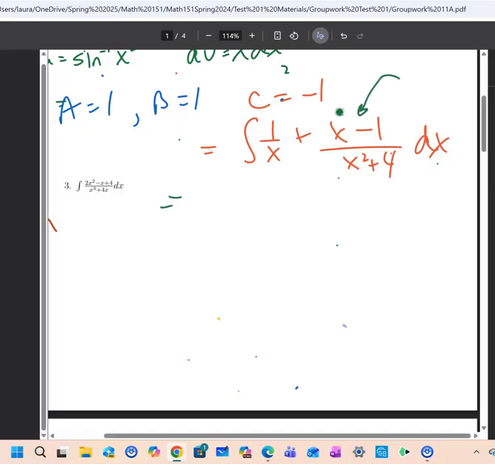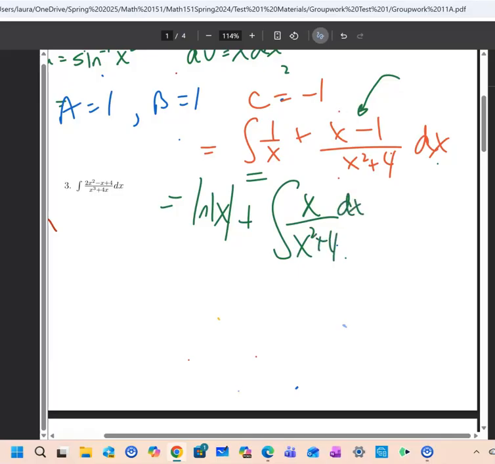So I can just do this integral, that's ln of x, plus, let's take the time to rewrite this, x over x squared plus 4 dx minus 1 over x squared plus 4 dx. So I just even put the negative on the outside. So ln of x just carries along for the ride.